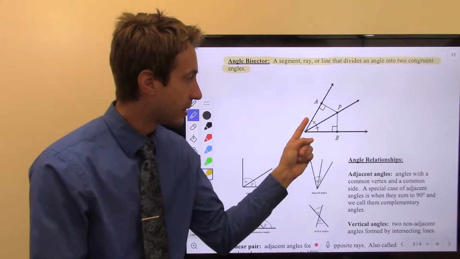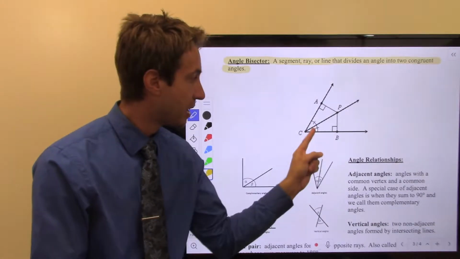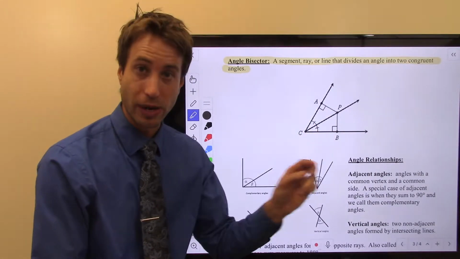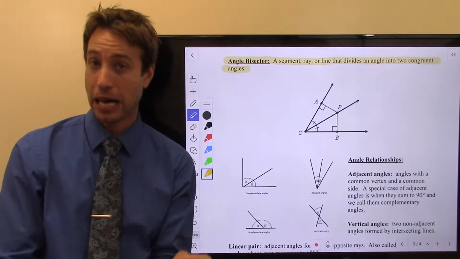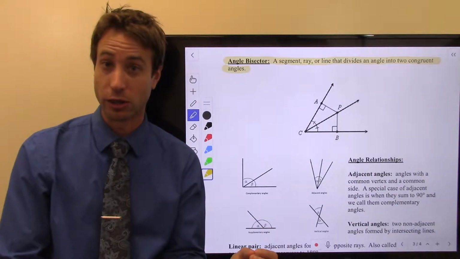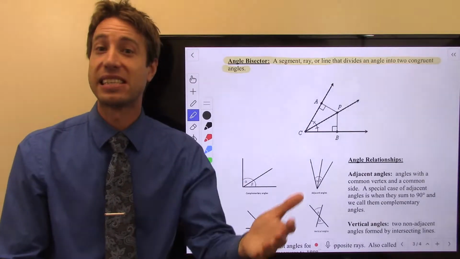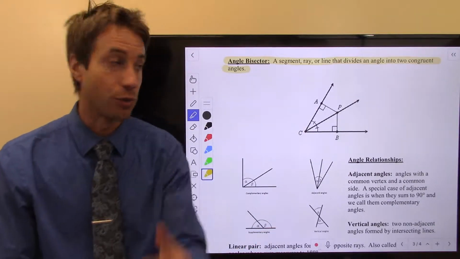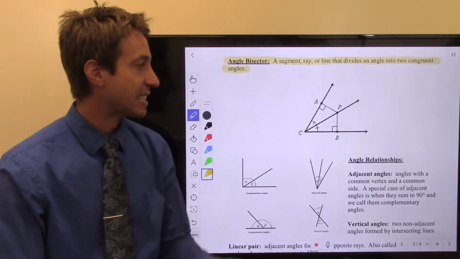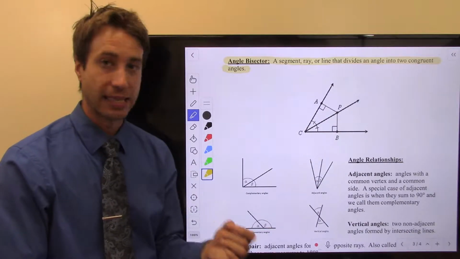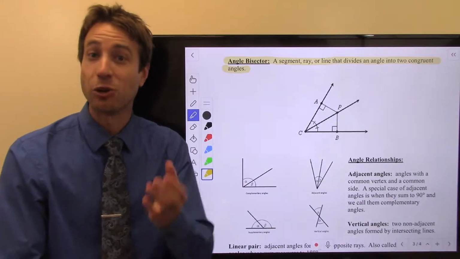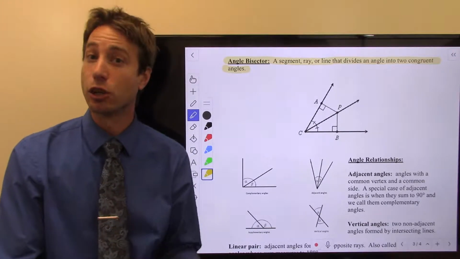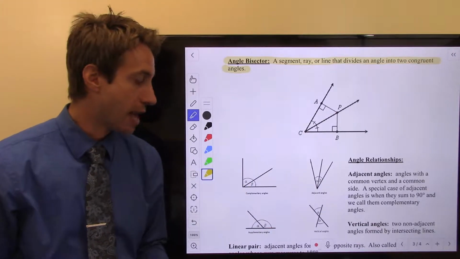Please notice that this angle has a hash mark through it, this angle has a hash mark through it, and those dashes tell you the angles are congruent. They're the same measure and the same shape as each other. And you know that because we tell you that it is an angle bisector. It bisects the angle in half. So you have two congruent, smaller angles, all right?